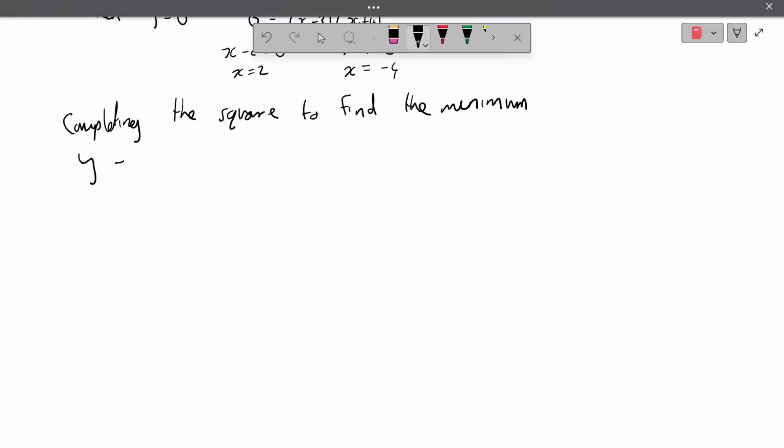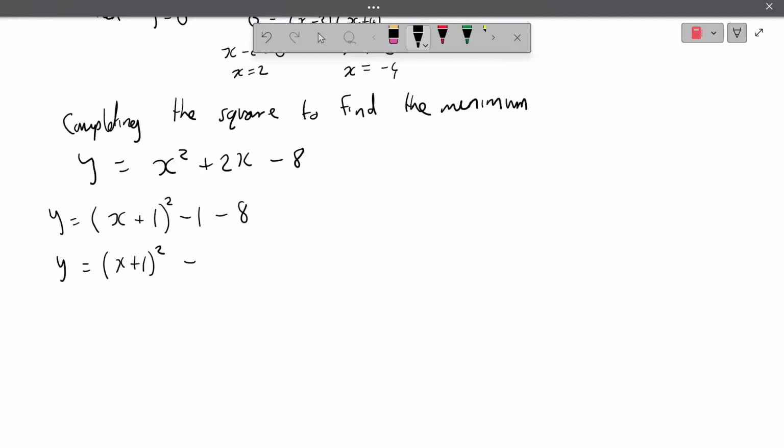So we have y equals x squared plus 2x minus 8. Well, then we have y equals x plus 1 in brackets squared, minus 1 minus 8, which means that y equals x plus 1 in brackets squared minus 9.